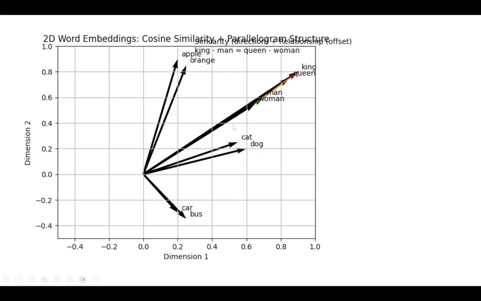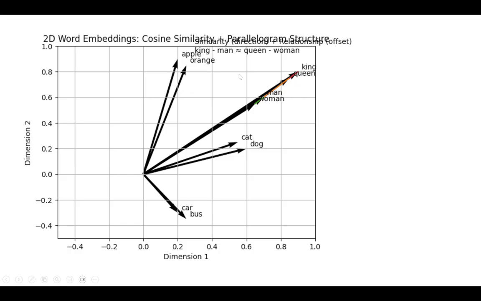So say, for example, there is a difference between a man and a king, but they are kind of in the same direction. Now, the difference between man and king would be only that of magnitude, and that magnitude would be like a royalty drift, as we would call it. So king is more royal.